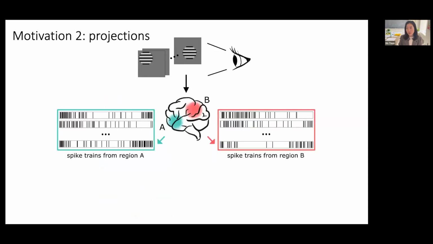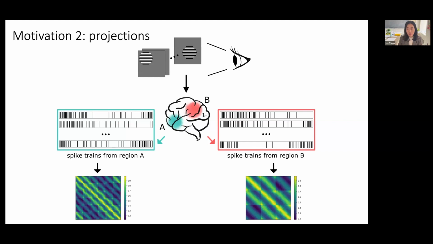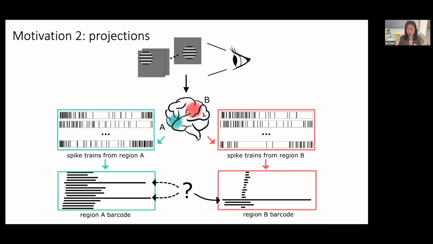Here's another example where this question of comparing neural activity across different neural systems comes into play. Here, let's assume that we measure neural activity from 2 different regions of the brain, region A and region B. You can again apply persistent homology on the spike trains in region A alone and region B alone, which will individually indicate some presence of circular features.